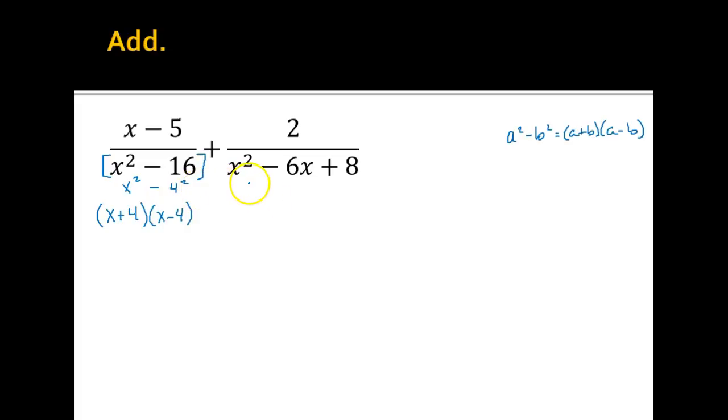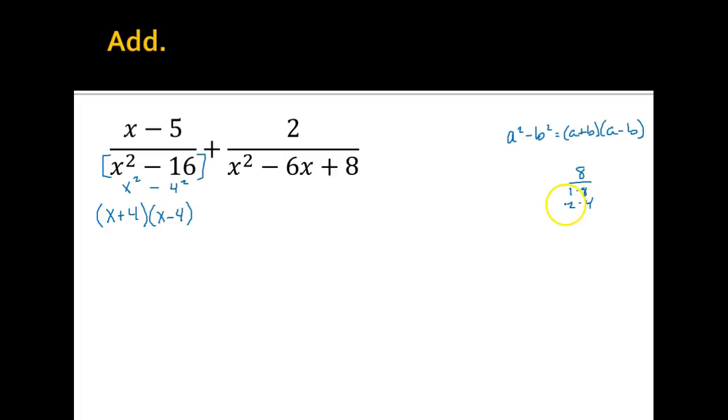And then for my second one, I'm going to have to do the whole, what are the factors of 8 that add up to negative 6? Factors of 8 are 1 times 8, 2 times 4, and that's it. 1 times 8, 2 times 4, 4 times 2, 8 times 1.